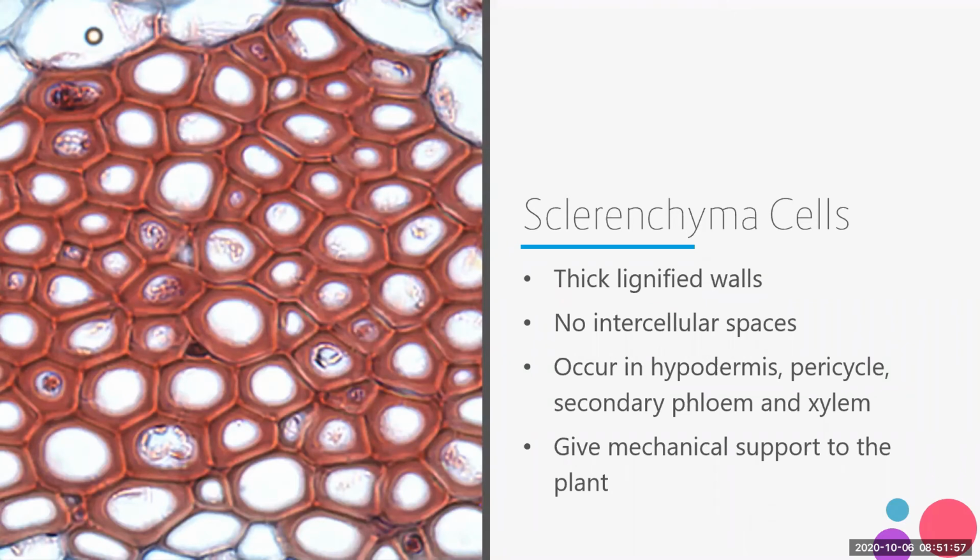They occur in the hypodermis, the pericycle, secondary phloem and xylem of plants. And their function is mainly for mechanical support. So makita na sila sa hypodermis, which means after ng epidermis, so sa loob, makikita natin yan sila, and they are unique in terms of their observation sa microscope because they have red coloration na mag-react with the stain.